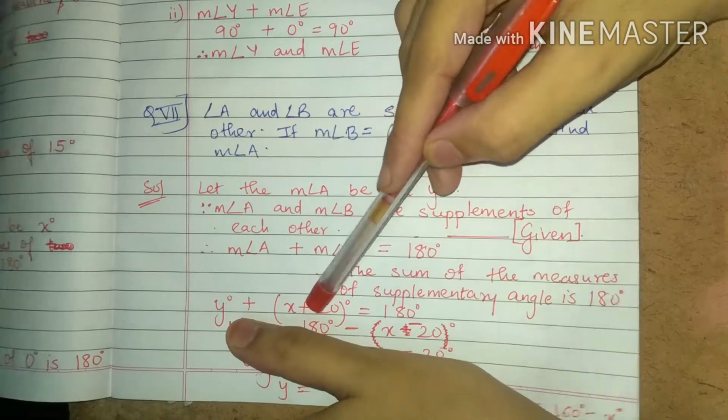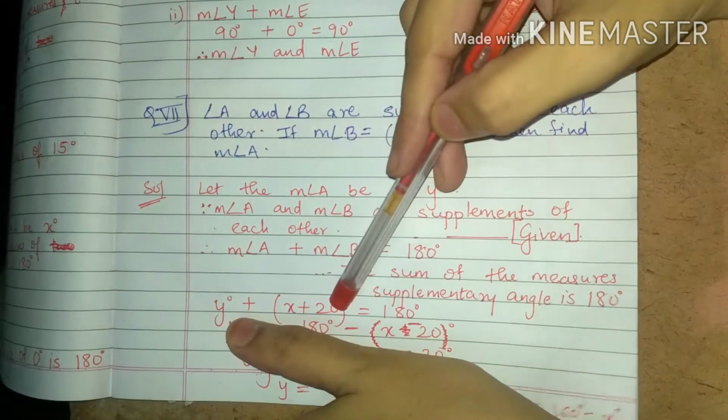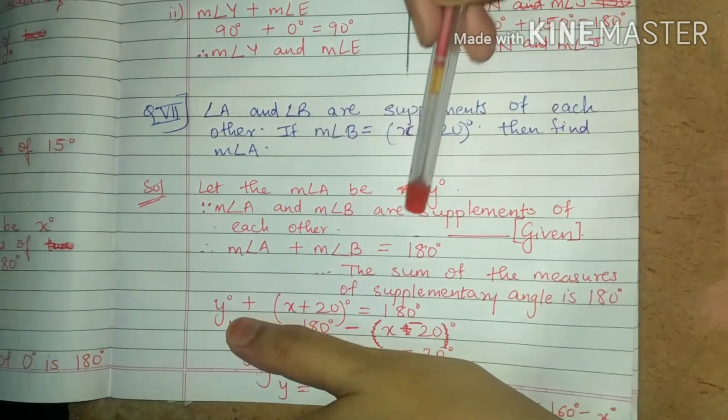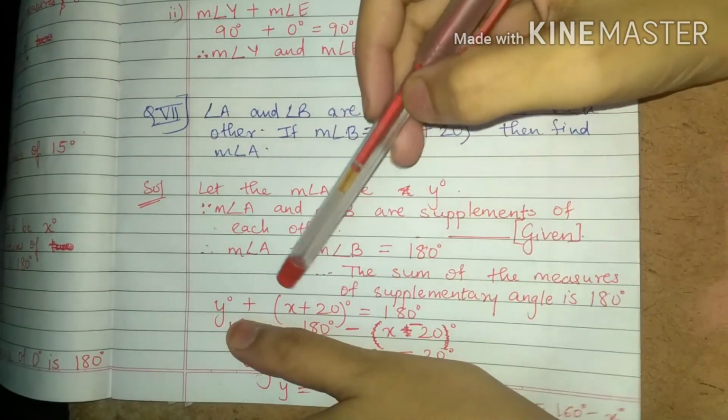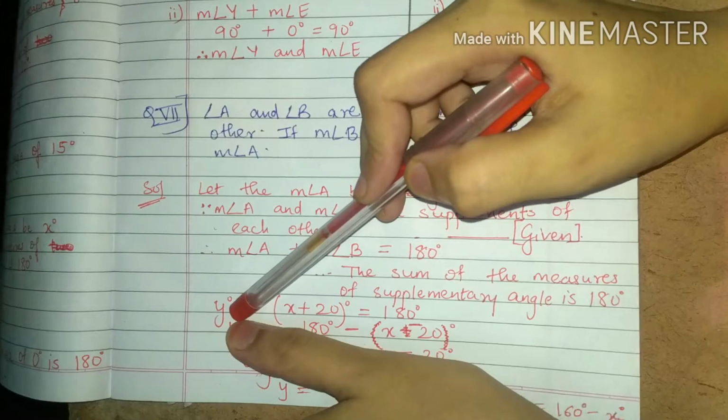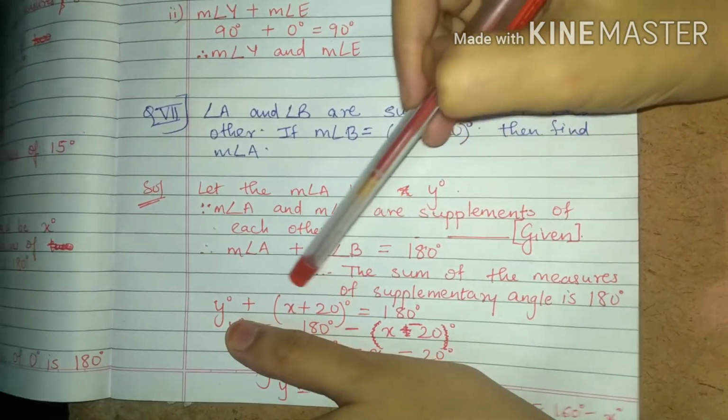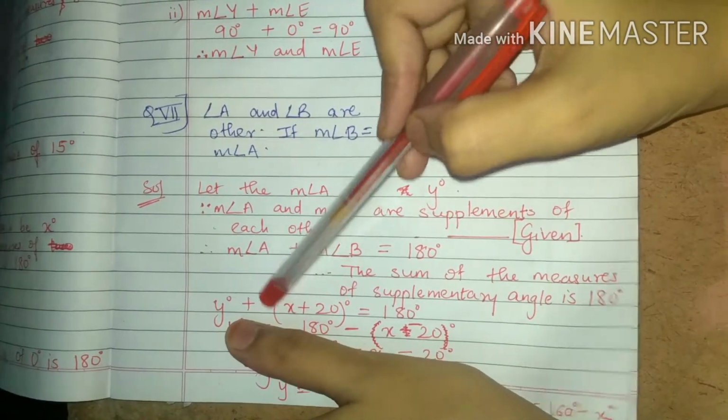So in place of measure angle B, x plus 20. Measure angle A is y degrees, as we don't know it, so we give it as y degrees, plus measure angle B, which is x plus 20, equals 180 degrees.